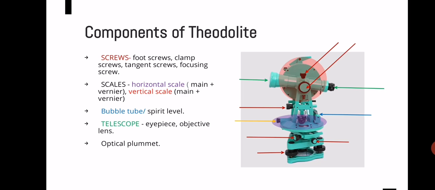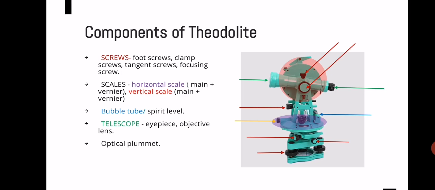After that, we have the telescopic part of the theodolite, in which we have eyepiece and objective lens. They are denoted by the green arrows. The arrow coming from the right side is pointing towards the eyepiece.